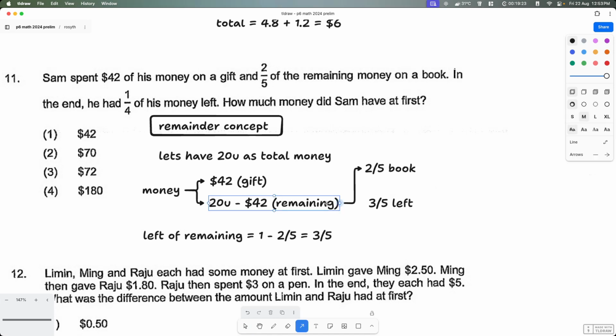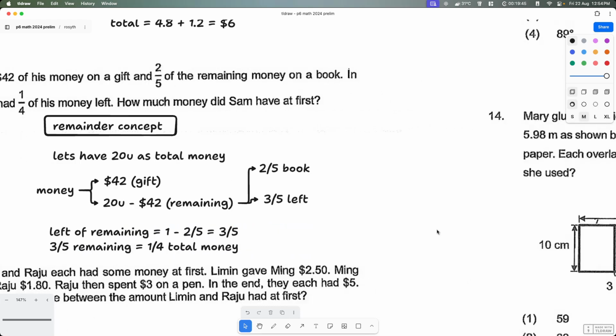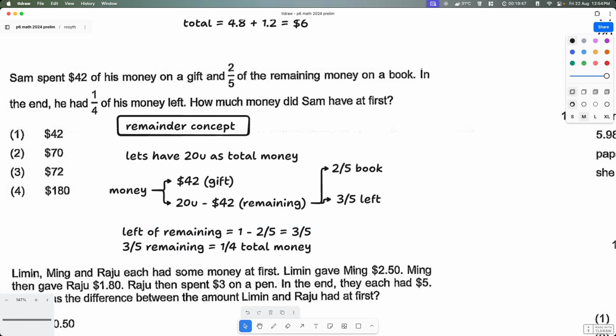So for this, we know that 3 out of 5 remaining is equal to 1/4 of his total money, right? So with that, let's write this down. Actually, no need for the total money as 20 units, right?